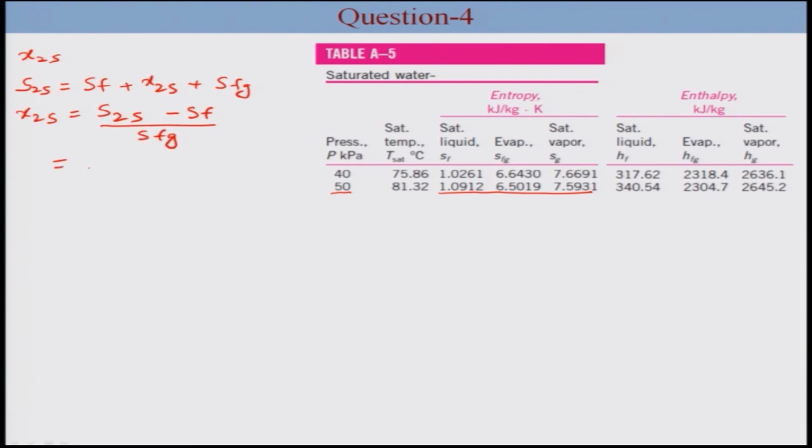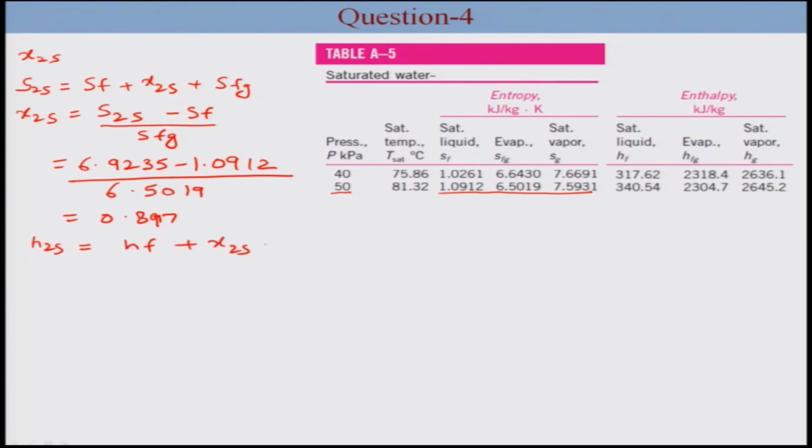These values are known: 1.0912 divided by SFG, 6.5019, and this comes out to be 0.897. Now, as we know the value of X2S, we can also calculate H2S, which is equal to HF plus X2S times HFG.